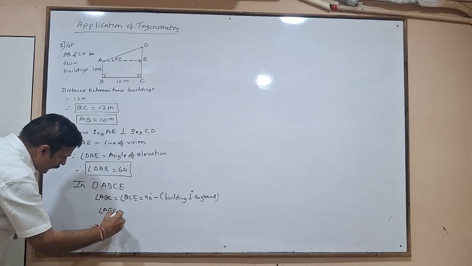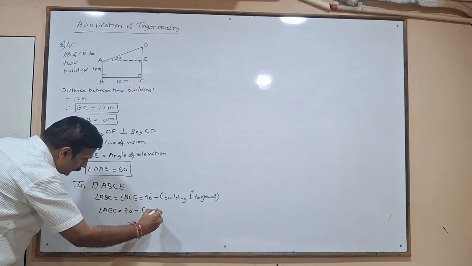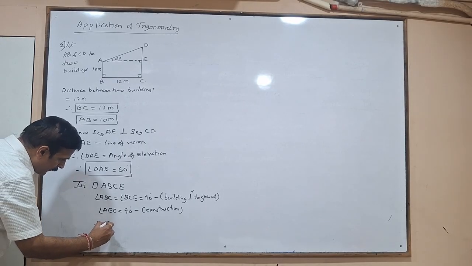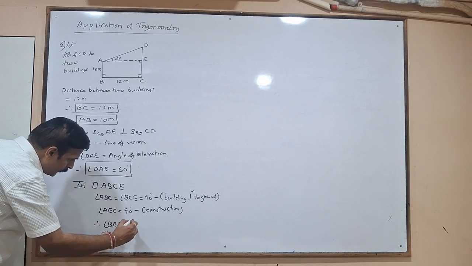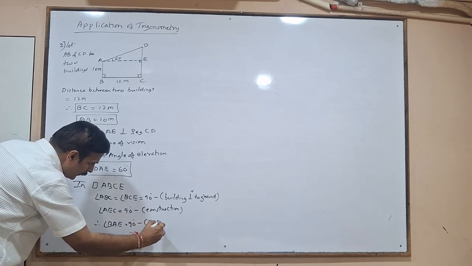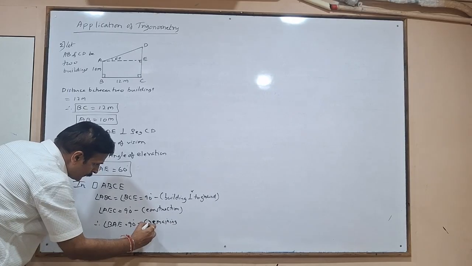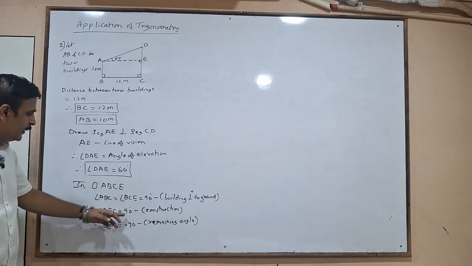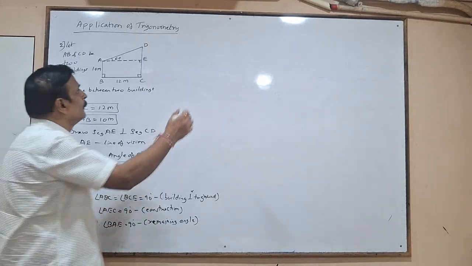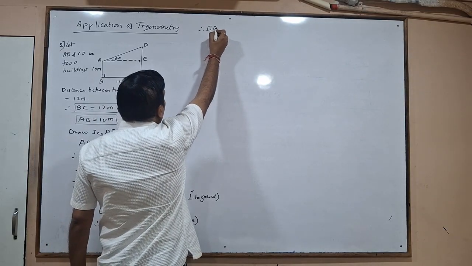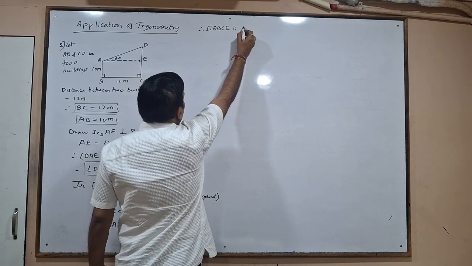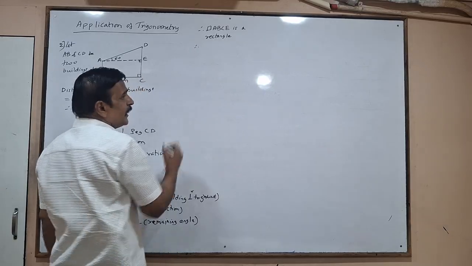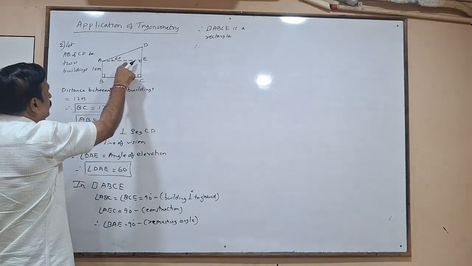Angle AEC equals 90 by construction. Therefore, angle BAE equals 90. In a quadrilateral, if three angles are 90, the fourth has to be 90. Therefore, quadrilateral ABCE is a rectangle. If it is a rectangle, obviously the opposite sides will be equal.